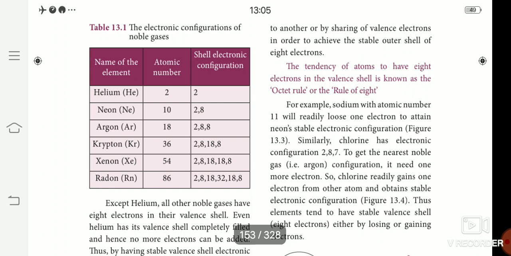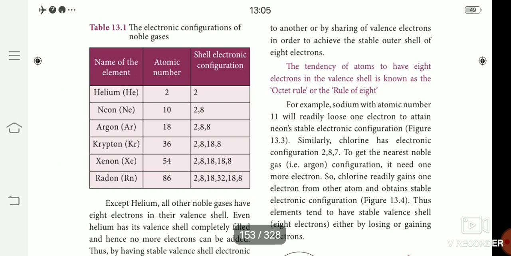You see in table 13.1, atomic number 10 is neon, the noble gas. So the outermost valence shell has 8 electrons, completely filled, a stable valence shell.